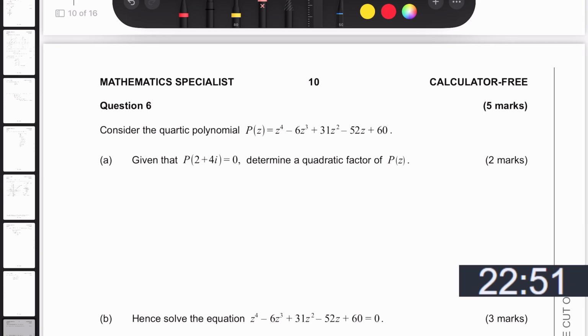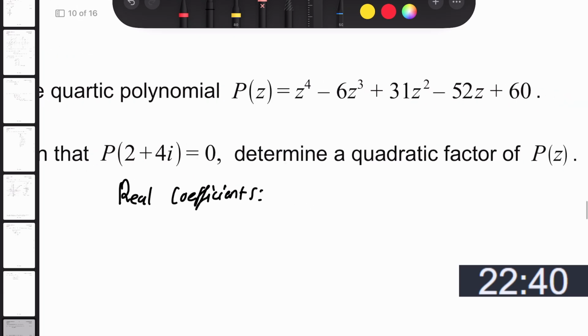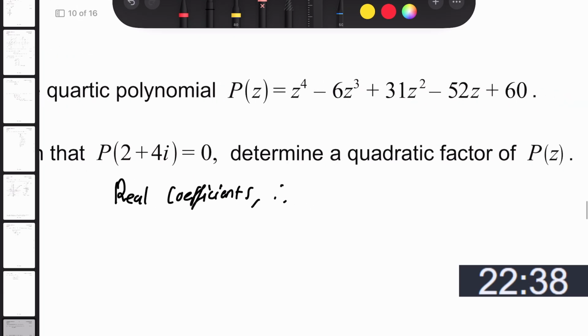Consider the quartic polynomial. Given that that is 0, determine a quadratic factor of p. So real coefficients, therefore 2 minus 4i also a factor.